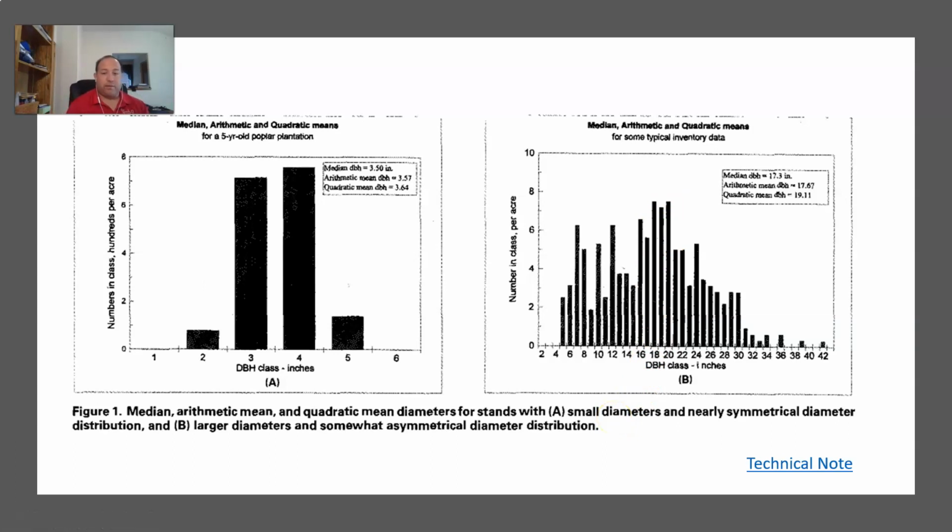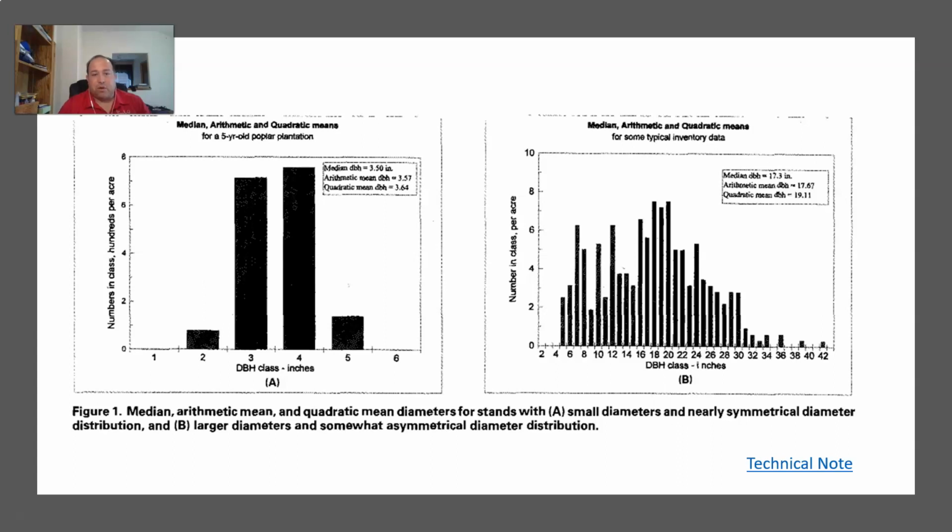The difference between thinking that the majority of your trees are 17-inch trees versus 19-inch trees could make a dollar-wise difference, depending on how big a piece of land we're talking about.